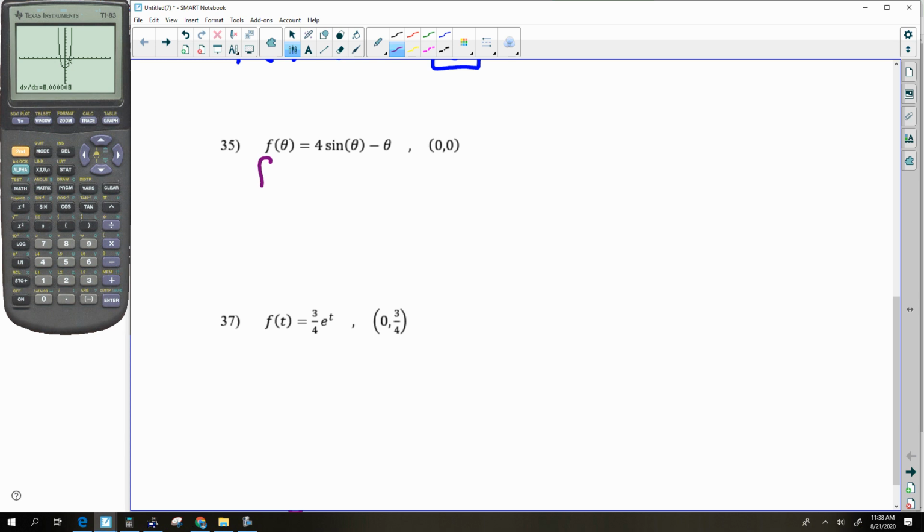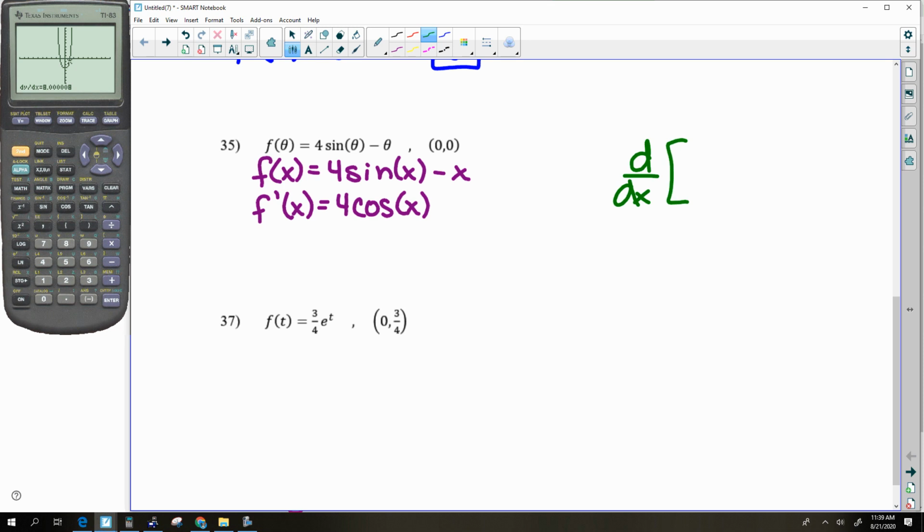All right, so think of this kind of like f of x being 4 sine x minus x, something like that. So the derivative: sine goes to cosine. Let me write over here, what is the derivative of x, aka x to the 1st power?